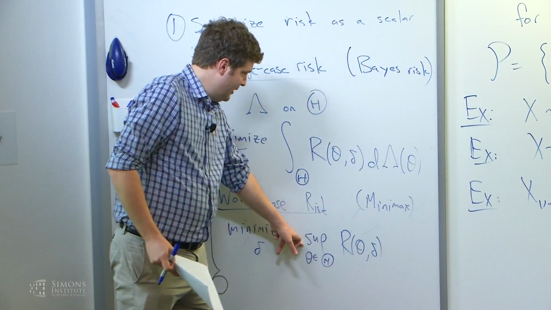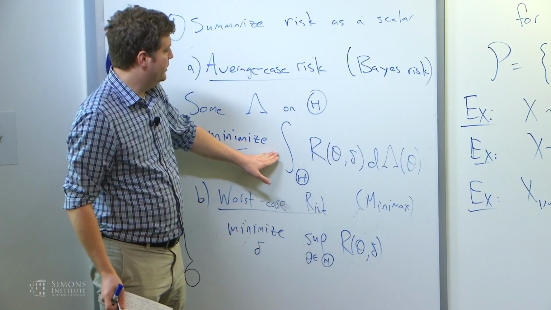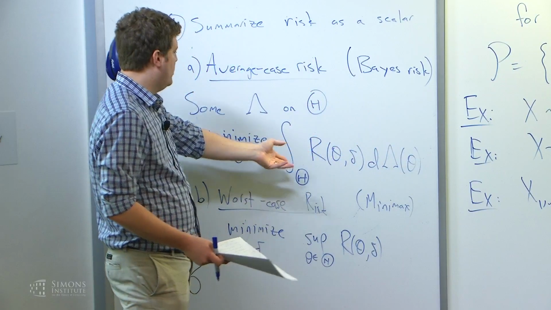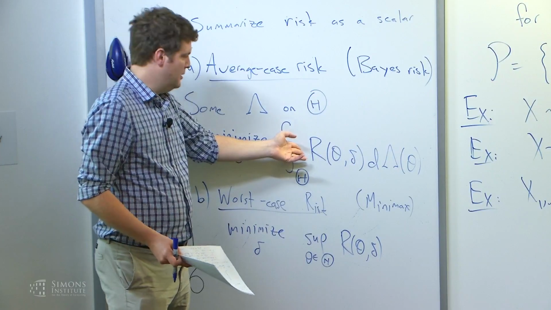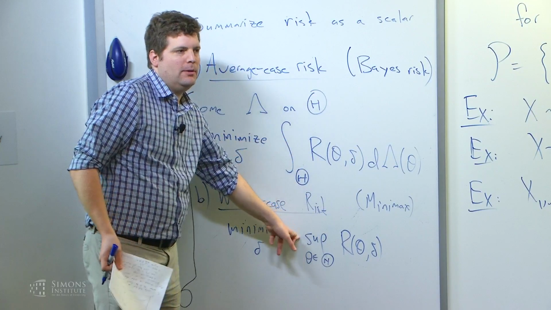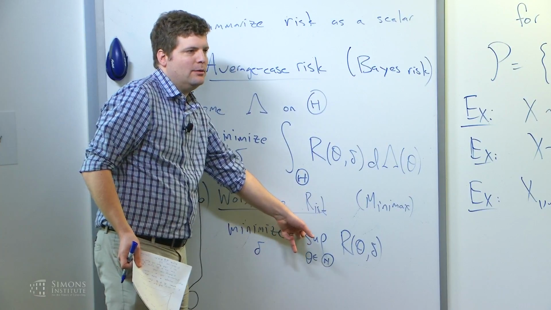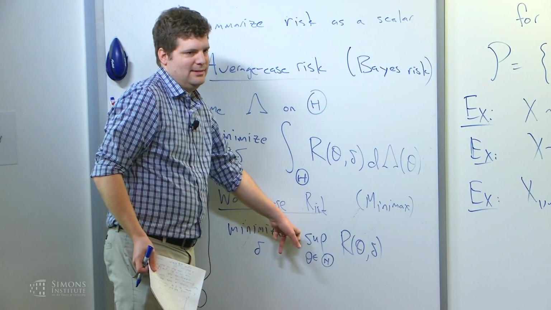This is called the minimax risk. Where before we had an intuition that nature is drawing the parameter from some distribution and then we have to estimate it, here instead we have a more game theoretic intuition where nature waits to see what estimator we choose, and then chooses the worst possible parameter to mess us up.